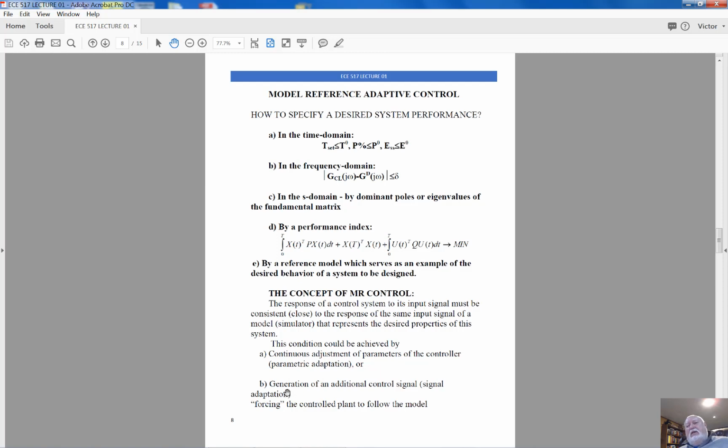The second technique is to generate an additional control effort that would force the adjustable system to follow the reference model. And this is called, unsurprisingly, signal adaptation. And eventually you will be very familiar and very comfortable with both concepts.